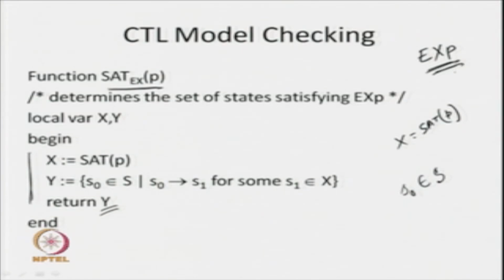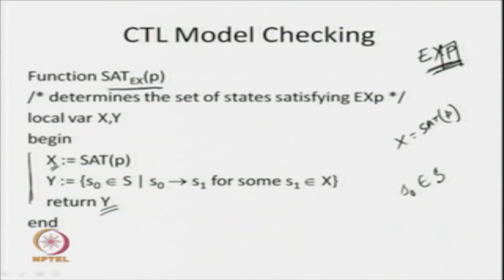So, this is a very simple algorithm. Given the formula, we must know the subformula P, and we must know the labeling of this particular subformula P. So, we first collect those states and call this my X, because we call the satisfiability function with P only.